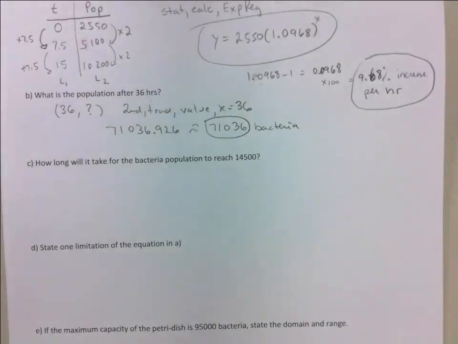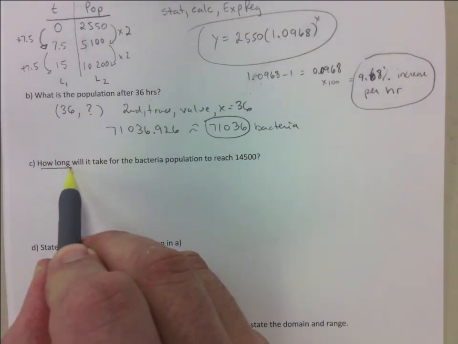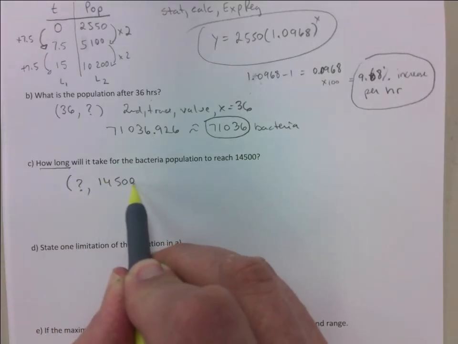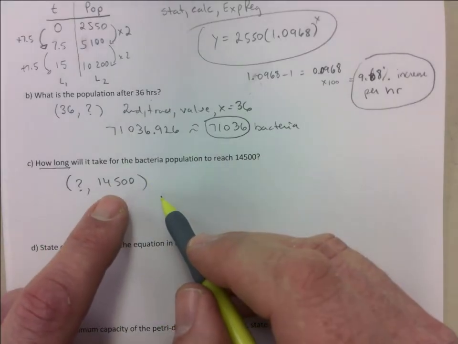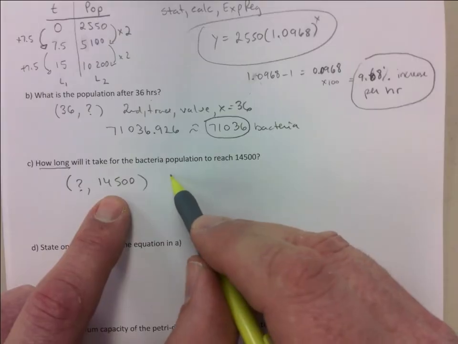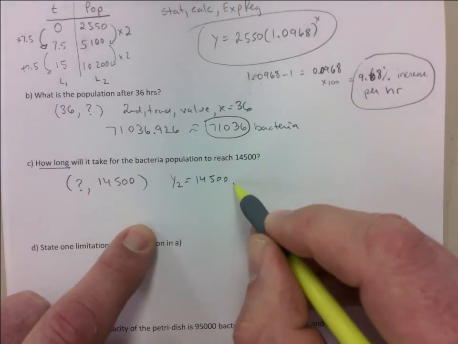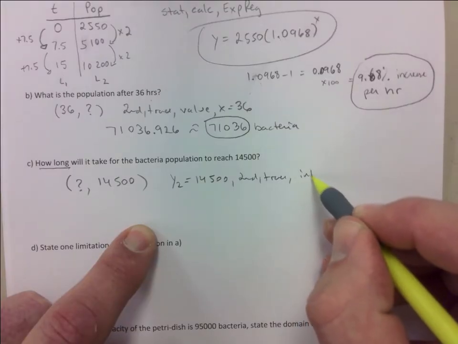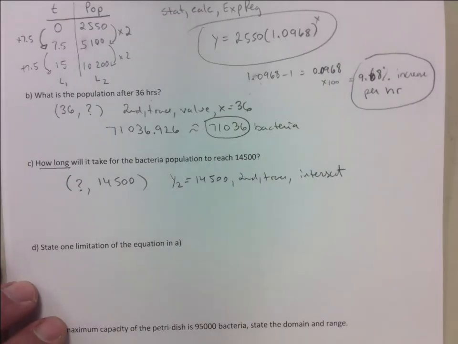Next, how long will it take for the bacteria to reach 14,500? How long, right? That's asking for time. This is 14,500. So if you know our y value, we will let y2 be that value. Okay, and then we're going to go second, trace, intersect, and let's find it.